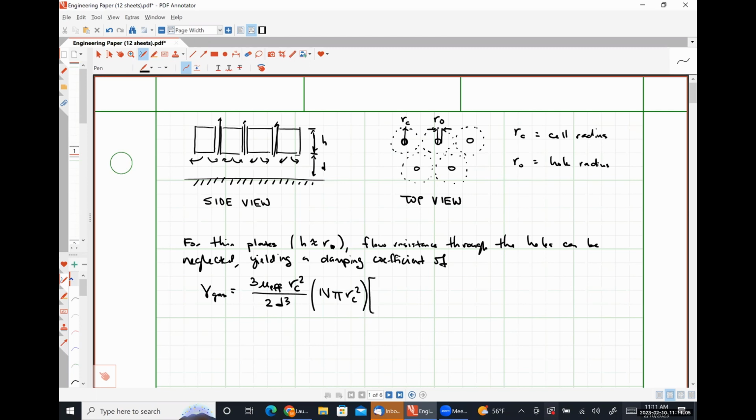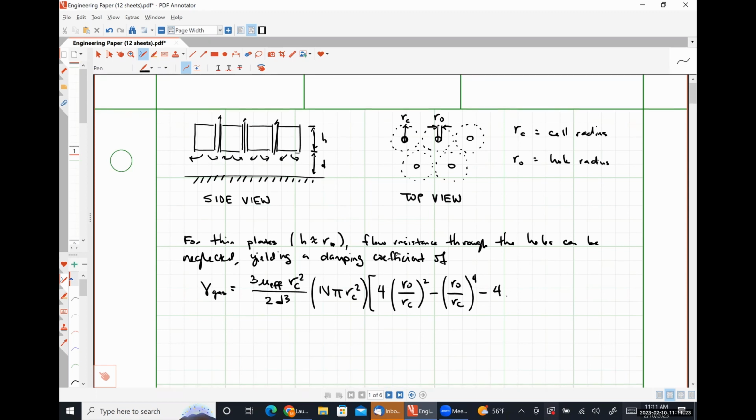And then this expression is in turn multiplied by 4 times R naught over RC quantity squared minus R naught over RC to the 4th power minus 4 natural log R naught over RC minus 3.